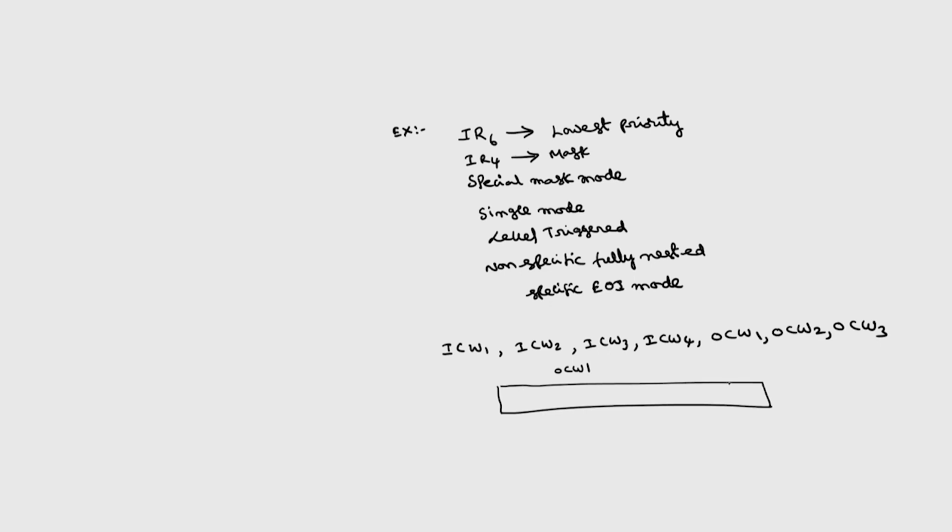so this D0, D1, D2, and so on up to D7 are M0, M1, M2, M3, M4, M5, M6 and M7.